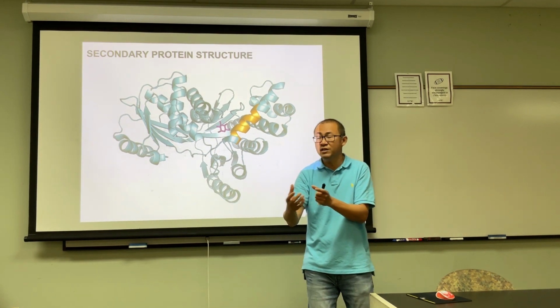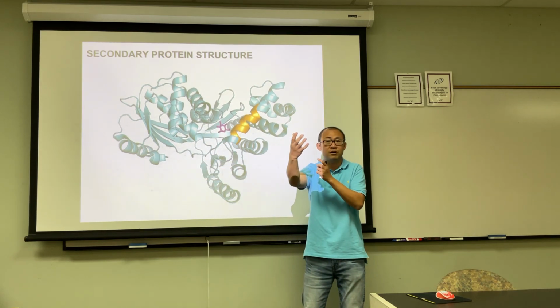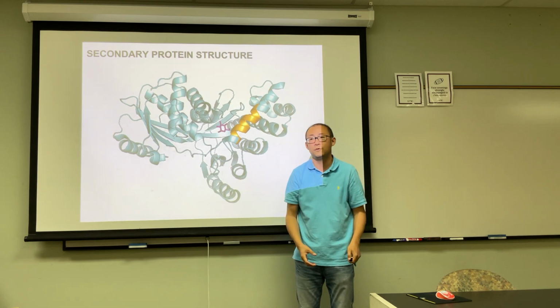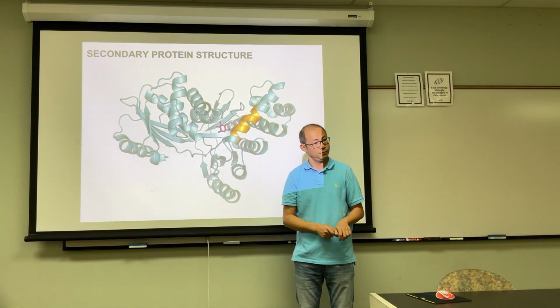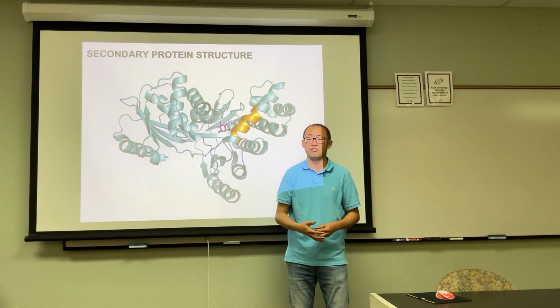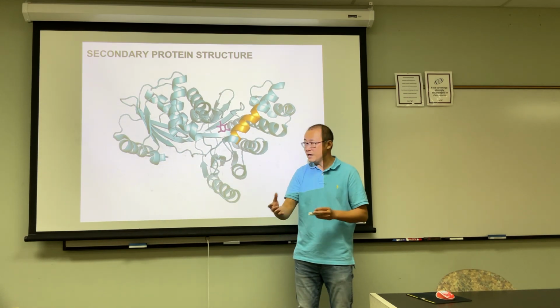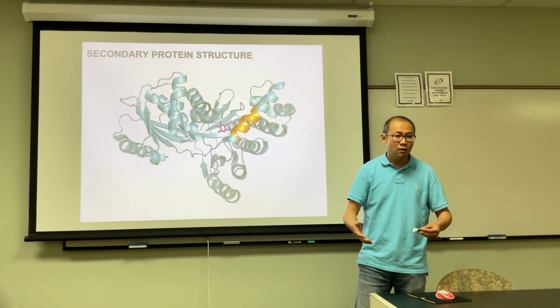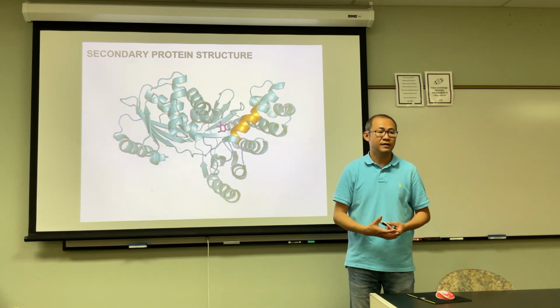Does it make sense? You need these random parts holding these structures together so your protein can be flexible to be a functional protein. Proteins are like our machines in our living systems. They need to work. And these random coils guarantee that the proteins are flexible, not a rigid structure.